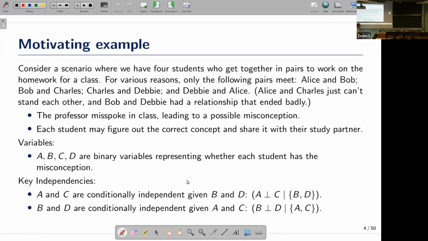Now try to build a DAG respecting these assumptions. You have to build a DAG. You were thinking about it.